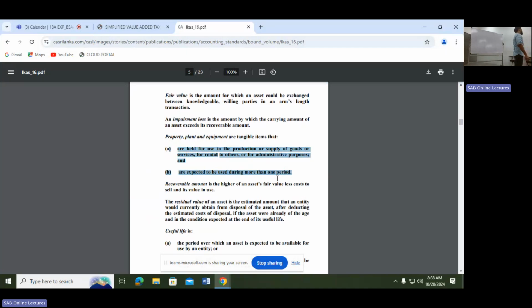That's the basic expectation. So then small things will add more value to that.